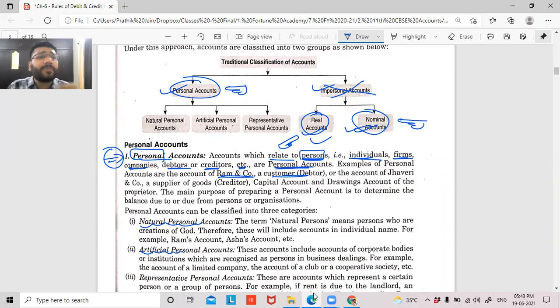In our case, Ram and Co was my customer, my debtor. Right? So he is my personal account. So Ram and Co is the account that you'll select for applying the rule. So which category will you put it into? You'll put it under the personal category for deciding whether I should debit or credit Ram. Like that we have Jhaveri and Co, etc. Right? So capital account, guys. The owner is giving capital to the business.